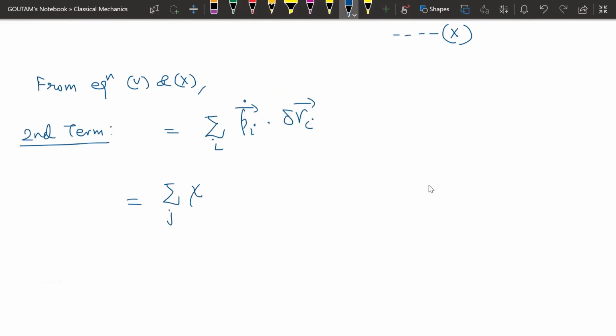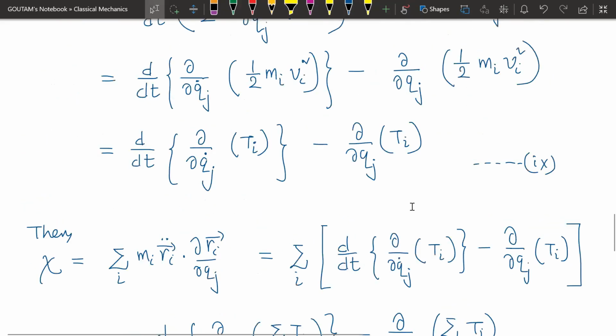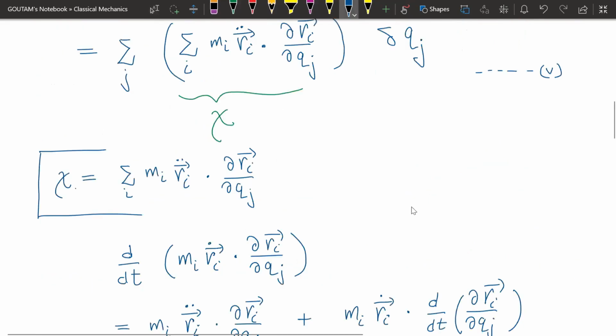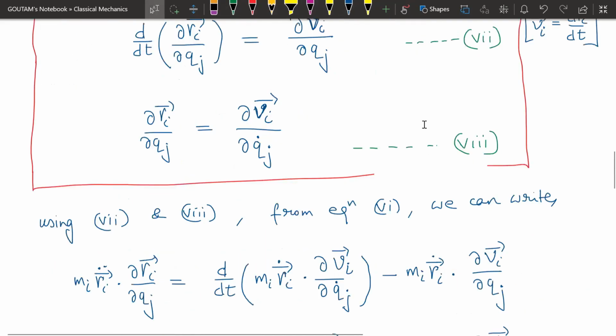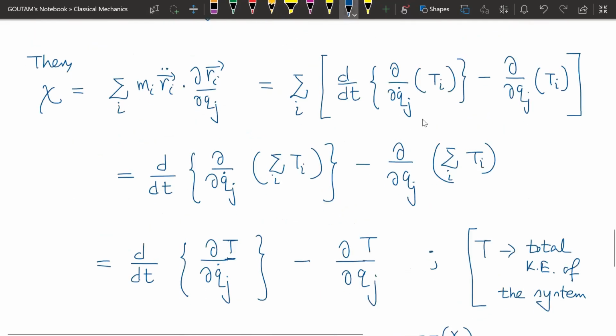Let's call it chi j because it has a free index, which is j. The i index is summed over, but there is still a free index.